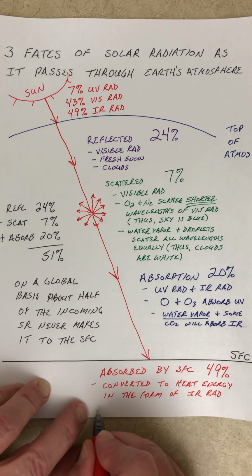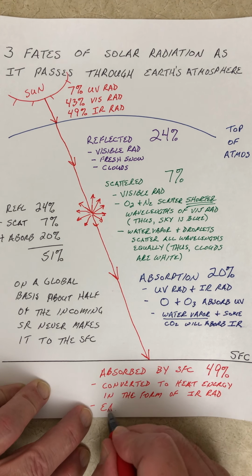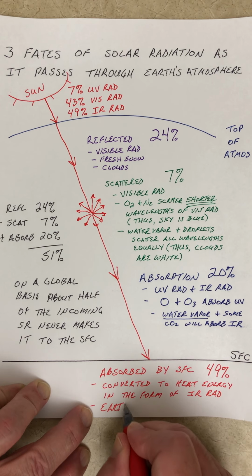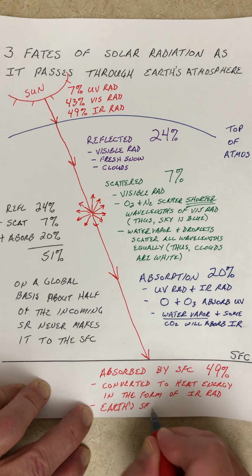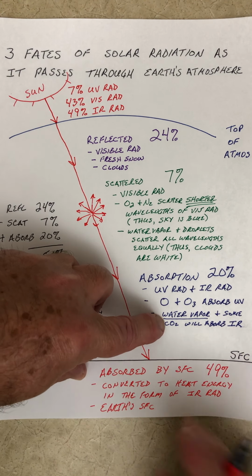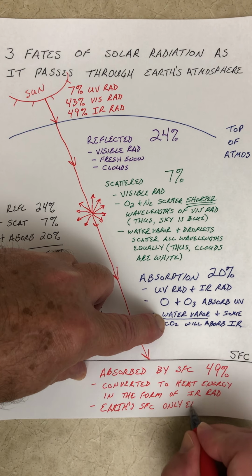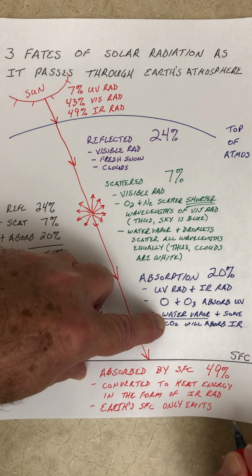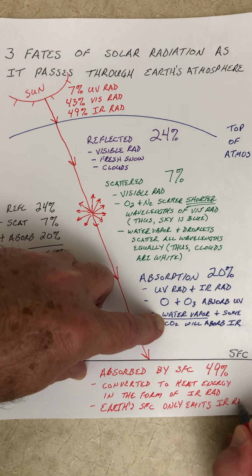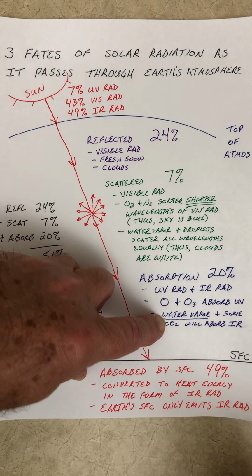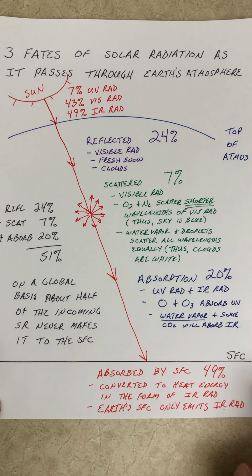And it's important to keep in mind that the Earth's surface only emits infrared radiation. Not a lot of people think about that. Not a lot of people are weird like me.